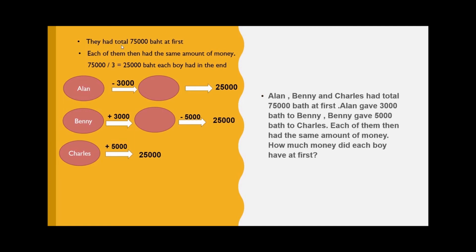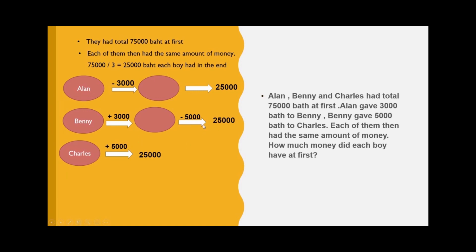So whatever Alan has, minus 3,000 baht, is equal to 25,000. Benny received 3,000 baht from Alan. So whatever Benny has, plus 3,000. And then Benny gave 5,000 baht to Charles.